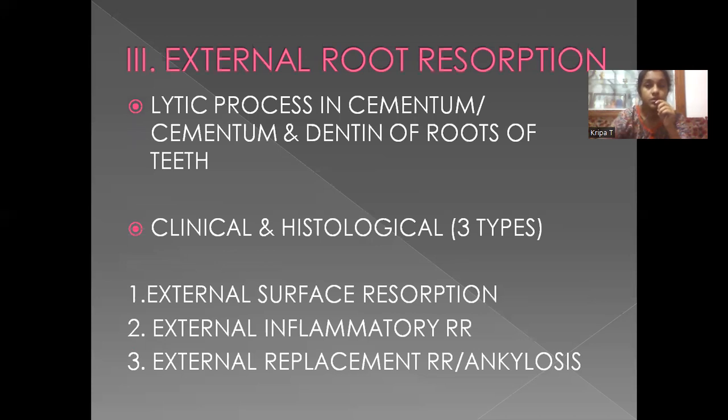Next is external root resorption. It is a lytic process in the cementum and dentin of roots of teeth. You have three types based on clinical and histological aspects: external surface resorption, external inflammatory root resorption, and external replacement resorption, or rather ankylosis.